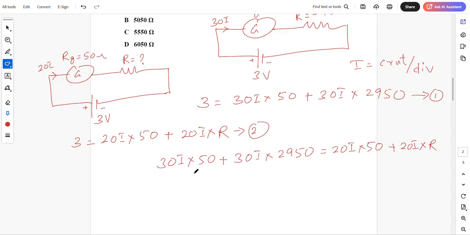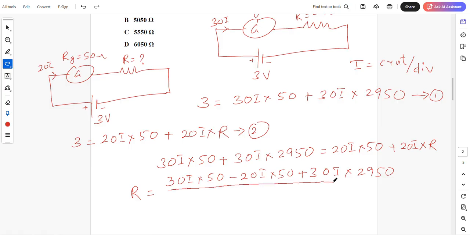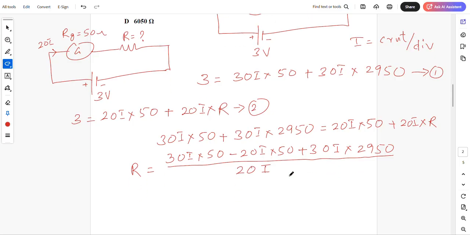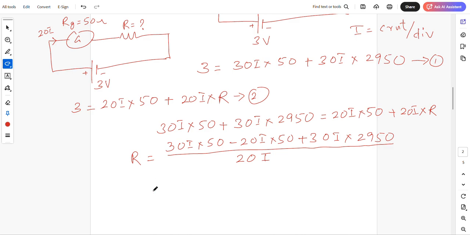Bring this here: 30I into 50 minus 20I into 50, again plus 30I into 2950. And R is equal to this divided by 20I.